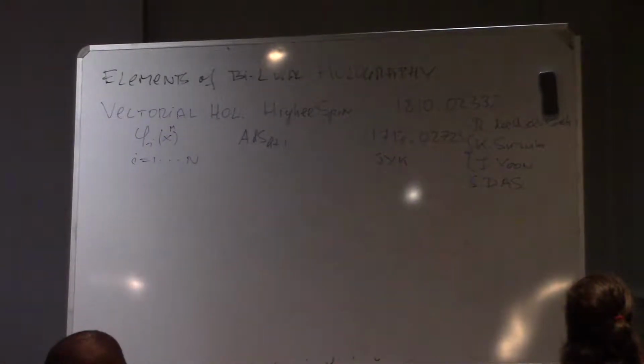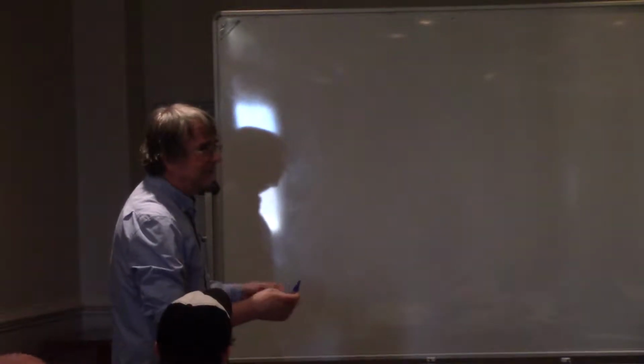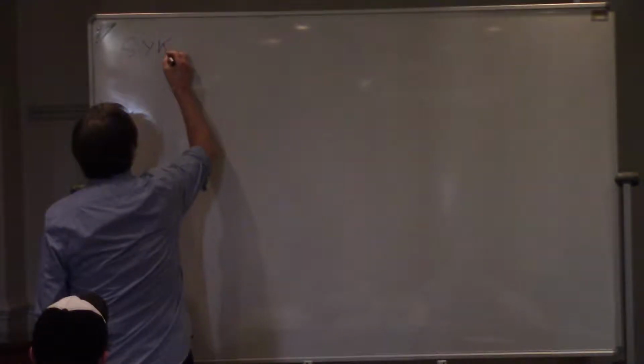So d=1 might be the simplest example, although as you will see, the SYK model is fairly complex itself. The fact that it's a d=1 theory doesn't mean it is simple. So Jeff has written that we are studying this model of fermions with a random coupling.